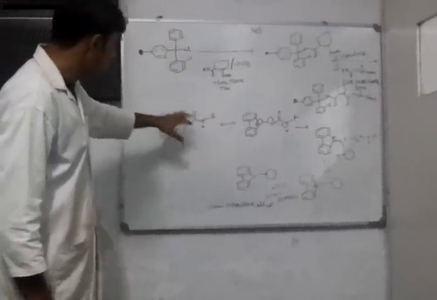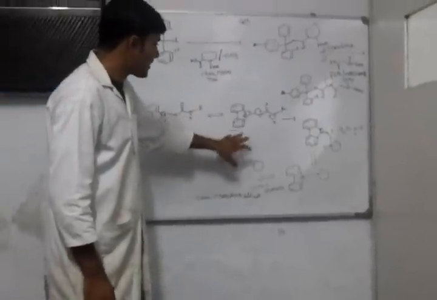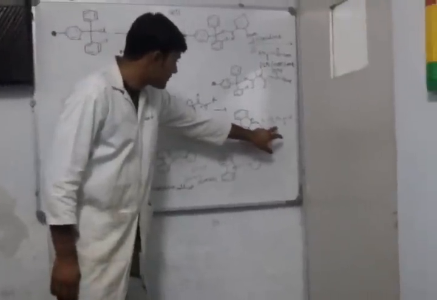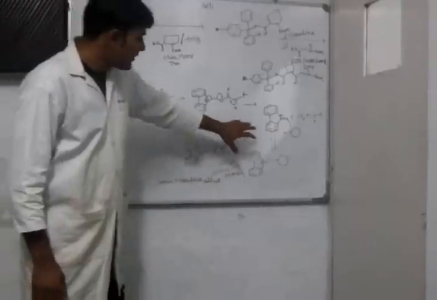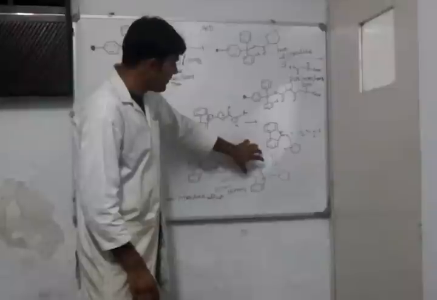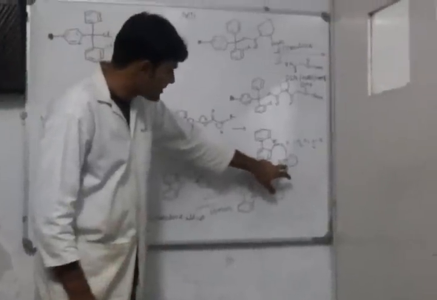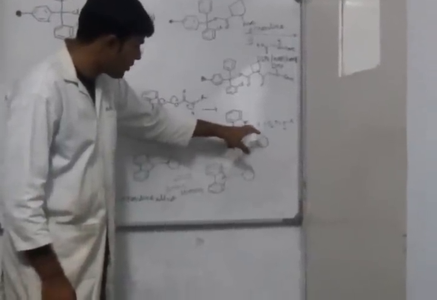There will be abstraction of this proton, which generates a negative charge that expands further and furnishes the end product, with liberation of a carbon dioxide molecule and this particular molecule, which has an exocyclic double bond that is anti-aromatic and quite unstable. Its stability is achieved by the reaction of piperidine, which furnishes this product, the FMOC piperidine adduct.